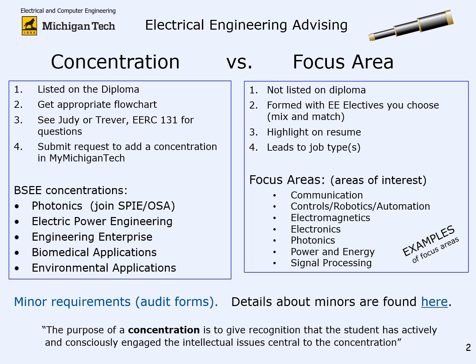With the EE degree, we offer two concentrations from the ECE focus areas, photonics and electric power engineering, and three concentrations that provide knowledge outside the ECE field and can be directly related to the career: biomedical applications, environmental applications, and enterprise. Specific courses and electives define a concentration. The major with a concentration is the same total number of credits, and there is a unique degree audit form and flowchart for the concentration.